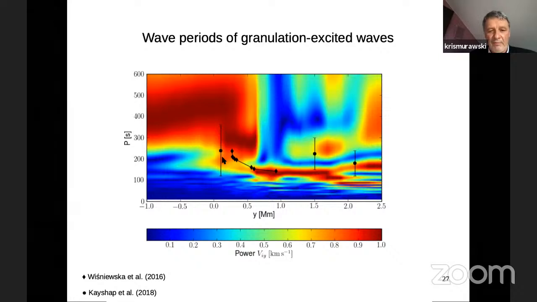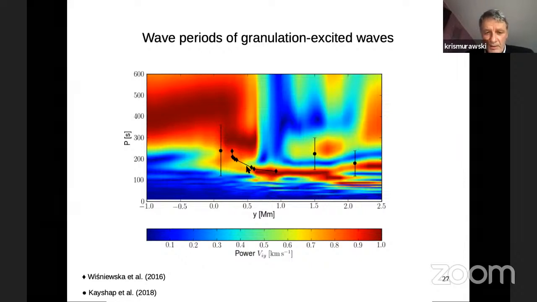What we see is that the convection zone is occupied by long wave period oscillations, something like 300 seconds in this region. Even higher wave periods are seen. Of course, the exact values vary a little bit depending on the realization of a random medium sustained by the granulation.